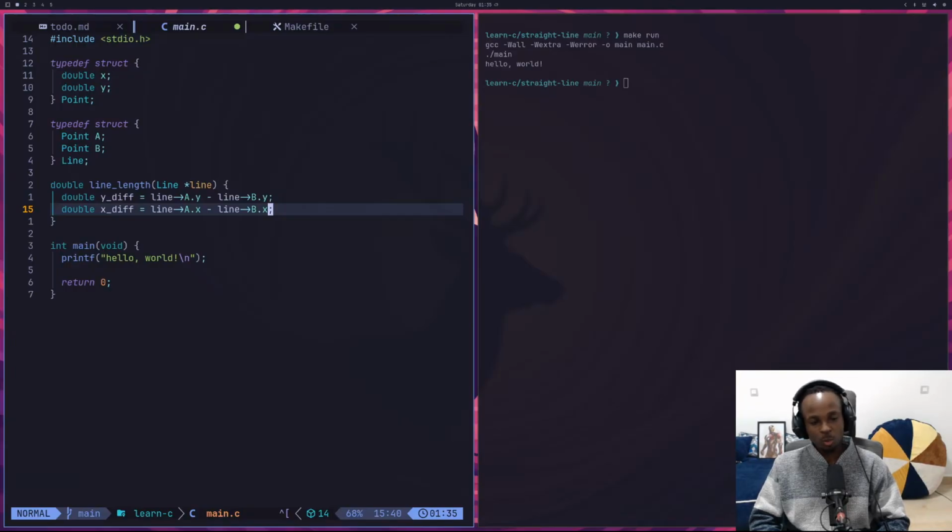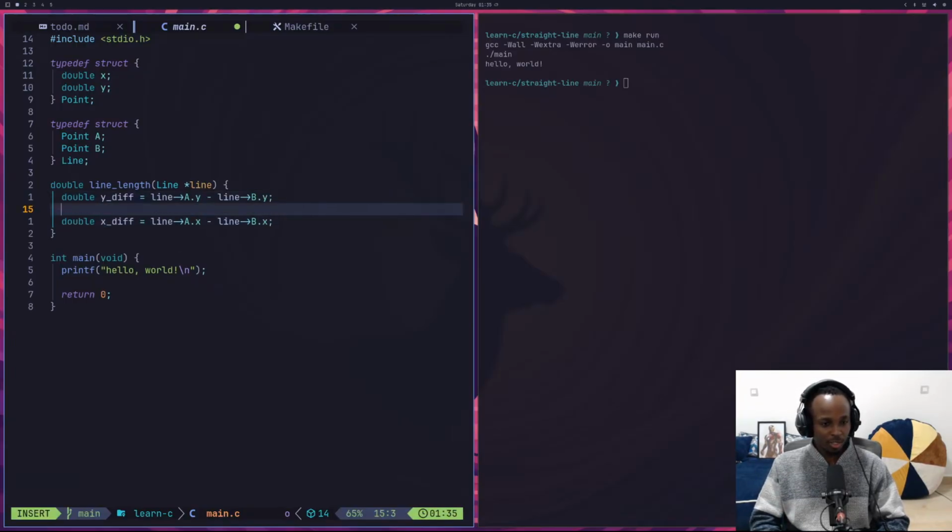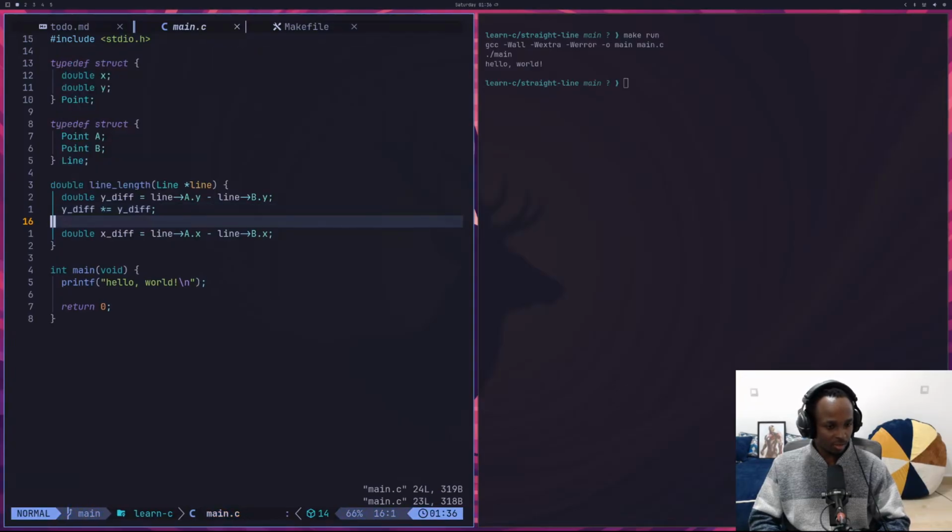So we need to square both of them. So we are going to say y diff will be y diff times y diff, right? Yeah, I think that looks all right.